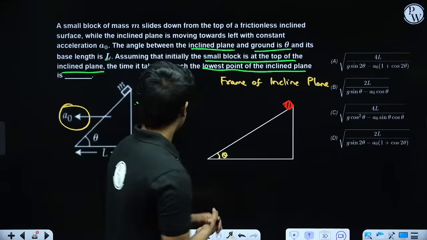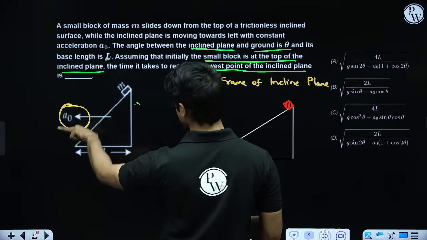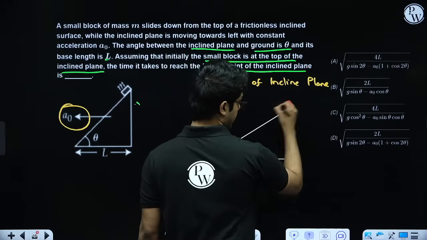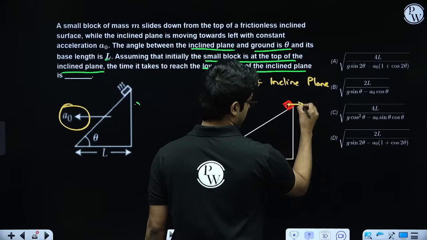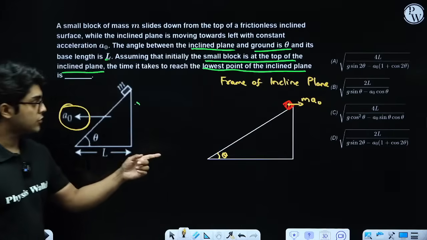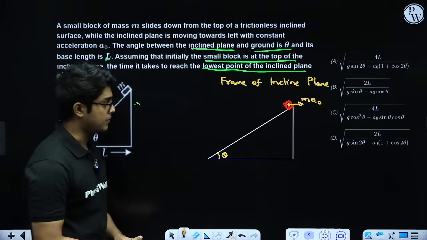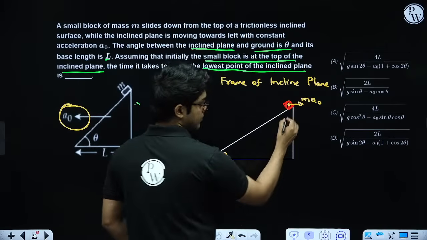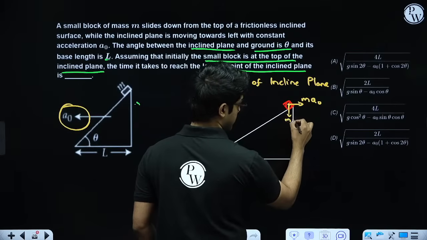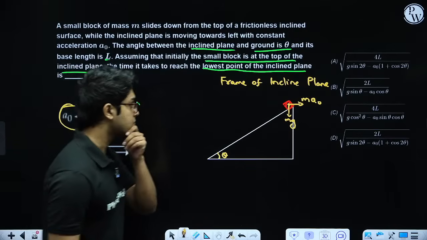The inclined plane's acceleration was a0 to the left, so the pseudo force on this tiny block should be mass of the block times a0 to the right. This pseudo force is applied because we moved into the frame of the inclined plane. Other than that, everything remains the same: the mg force and the normal force, which I am not drawing. There is no friction in the question.